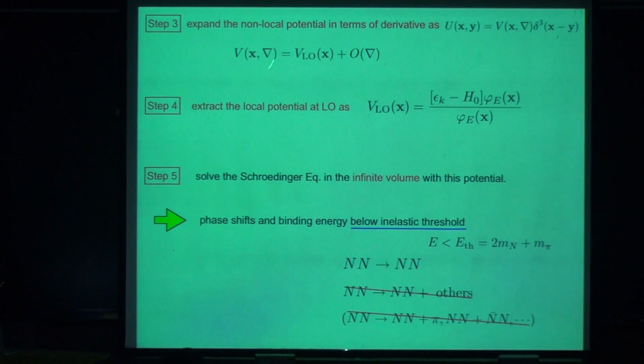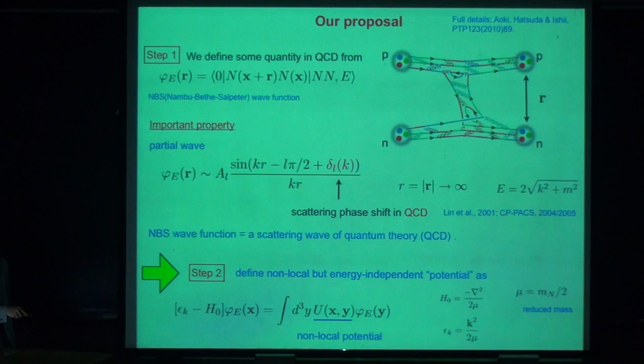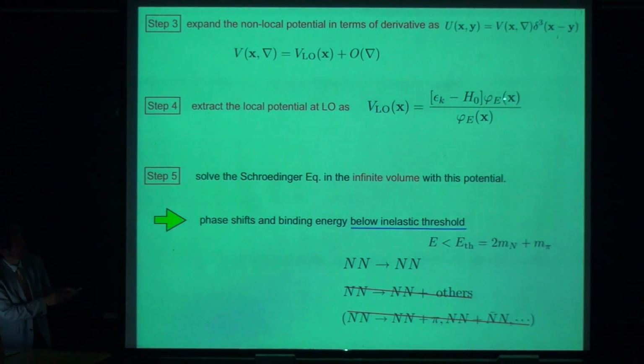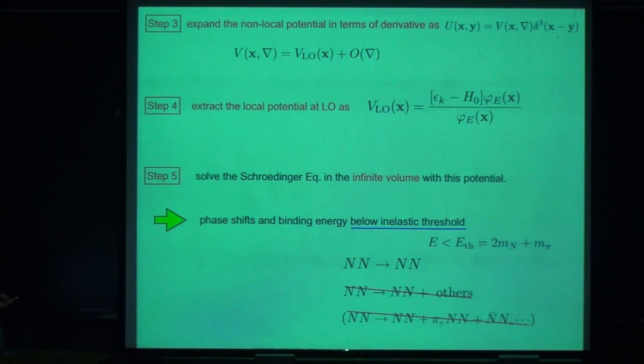Once we plug this form into the previous equation, we can easily extract the potential. If we know the NBS wave function, we multiply this operator and divide by the wave function. That is the potential. Once we have the potential, we can calculate physical quantities like the phase shift.